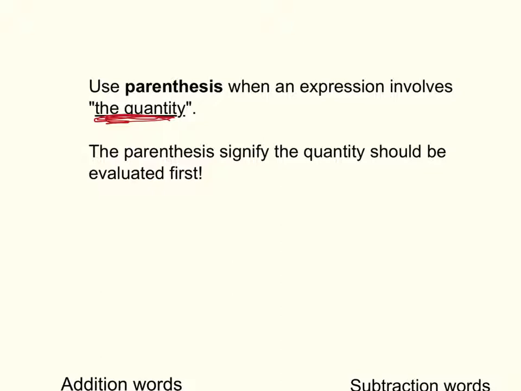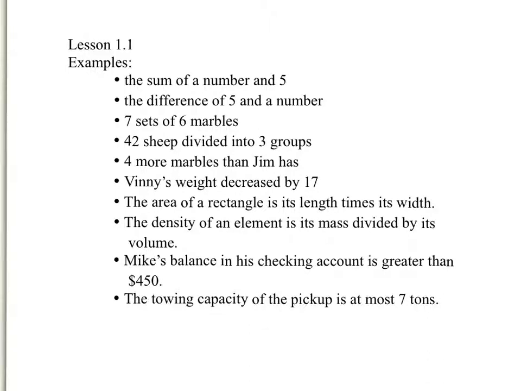All right, let's do some examples. Example 1. It says the sum of a number and 5. First thing we need to do is choose a variable to represent the thing we don't know. We don't know what the number is, so I'm going to call that n. Next thing we need to do is recognize our operation. Since it's sum, it's addition.